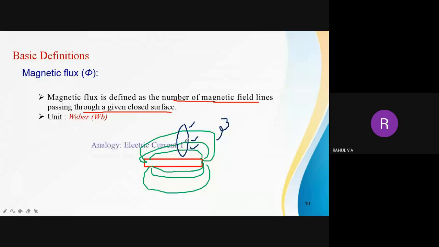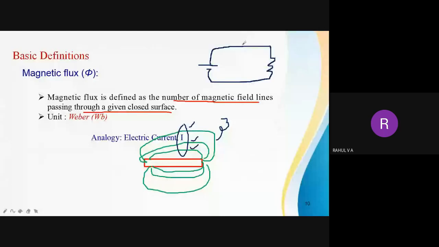You can see that when there is a battery or power source, the current I flows through the conductor. Similarly, if you take a magnetic material like iron or air or a ferrite core, magnetic flux will travel through this core. The amount of magnetic flux, or the number of lines passing through it, is the magnetic flux.